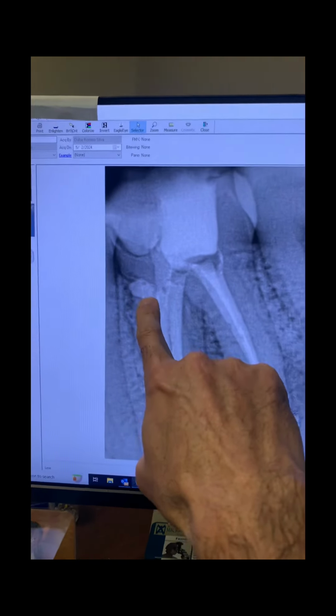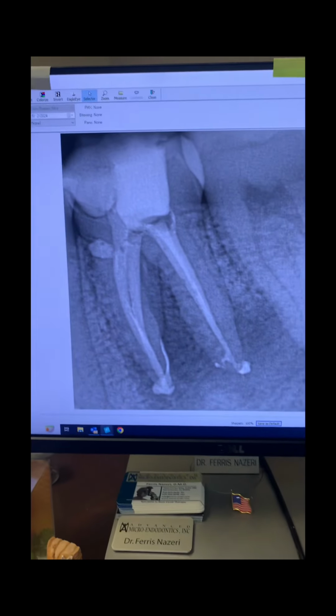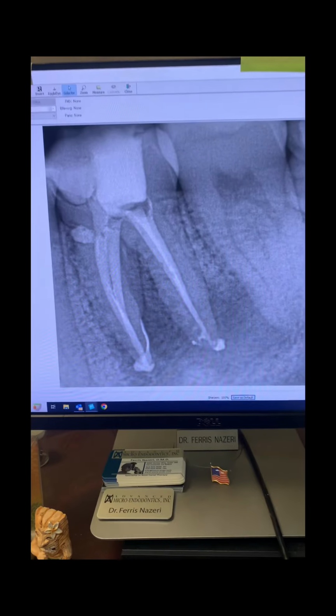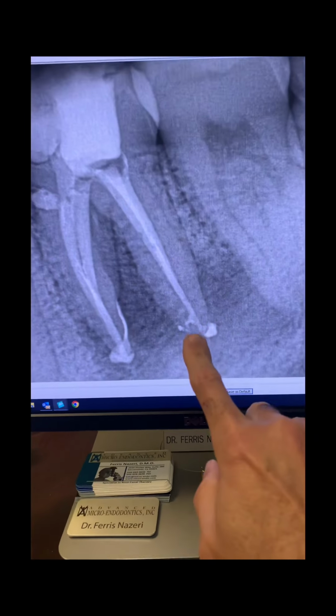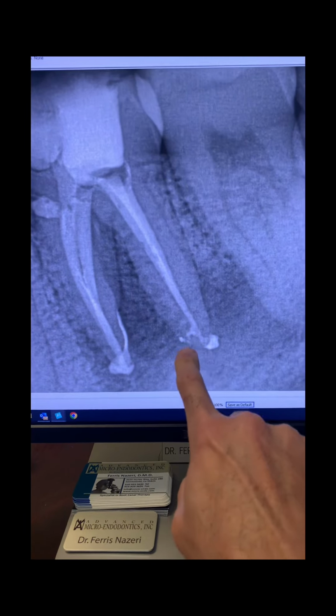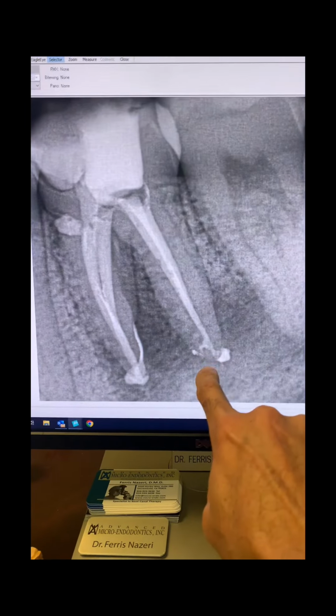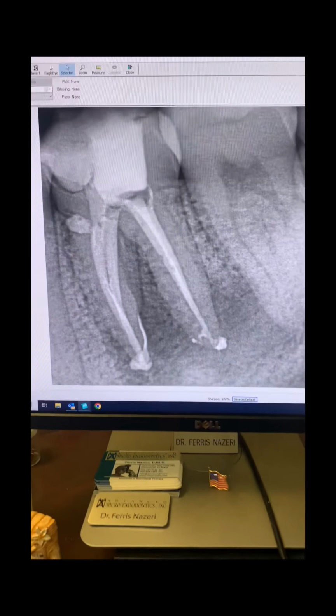That's MTA. I was able to repair the perforation with the MTA there. Everything went great. Four canal systems, as you can see. Look at that beautiful anatomy in the apical area of the distal root there.